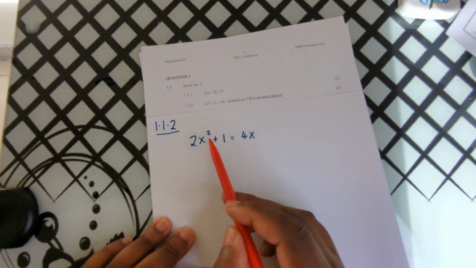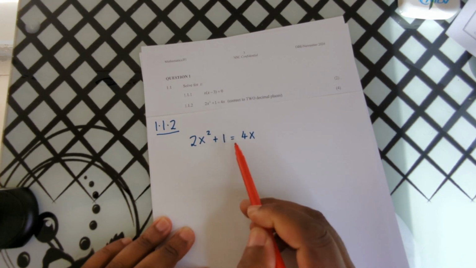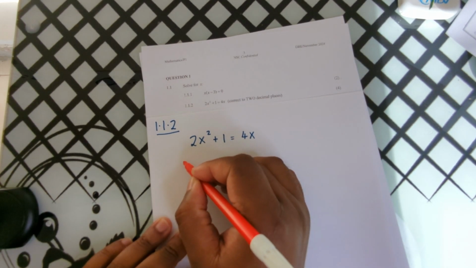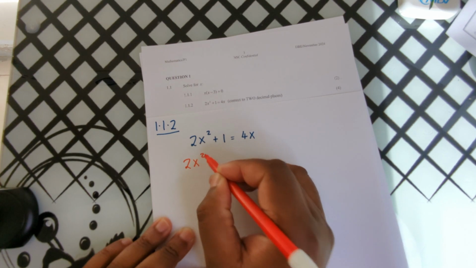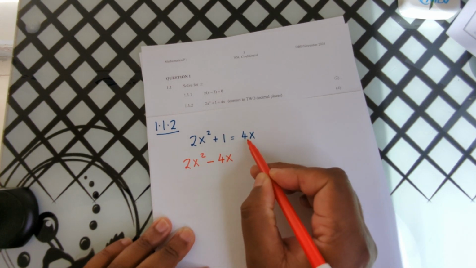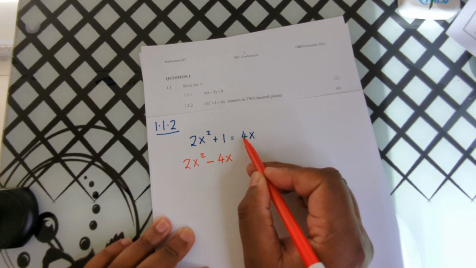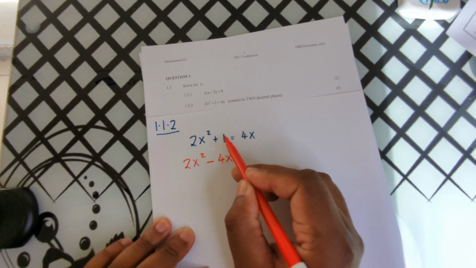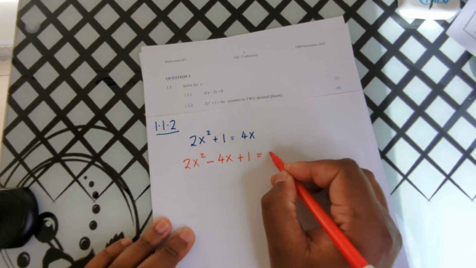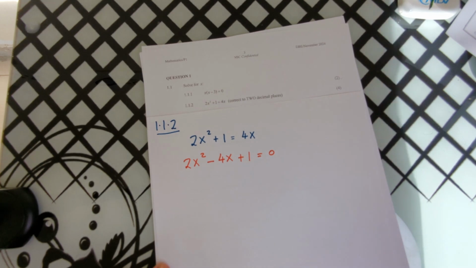Let's rearrange our equation and take everything to the left side. So we are going to have 2x to the power 2 minus 4x. The 4x initially was positive, and now when you bring it to the left side it becomes negative. Then plus positive 1 being equal to 0.